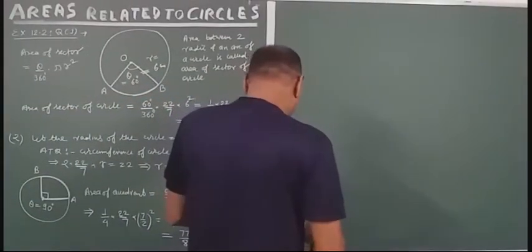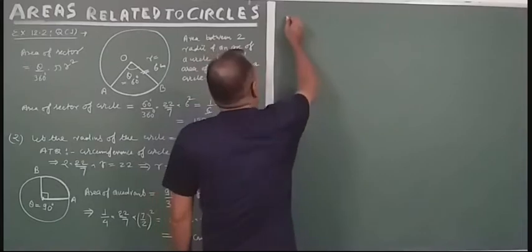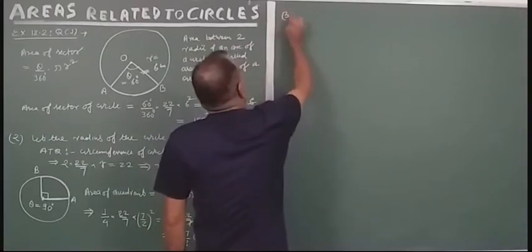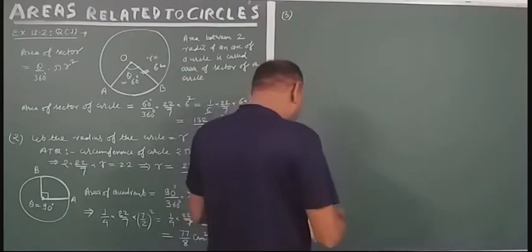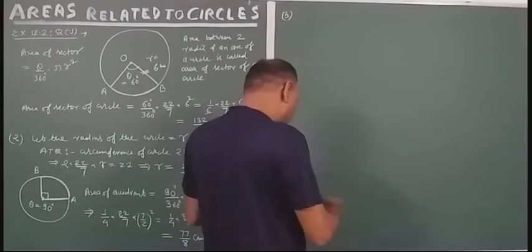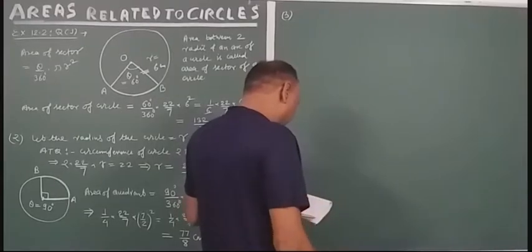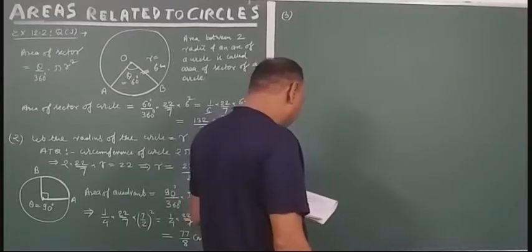Now question number 3. The length of the minute hand of a clock is 14 centimeter. Find the area swept by the minute hand in 5 minutes.